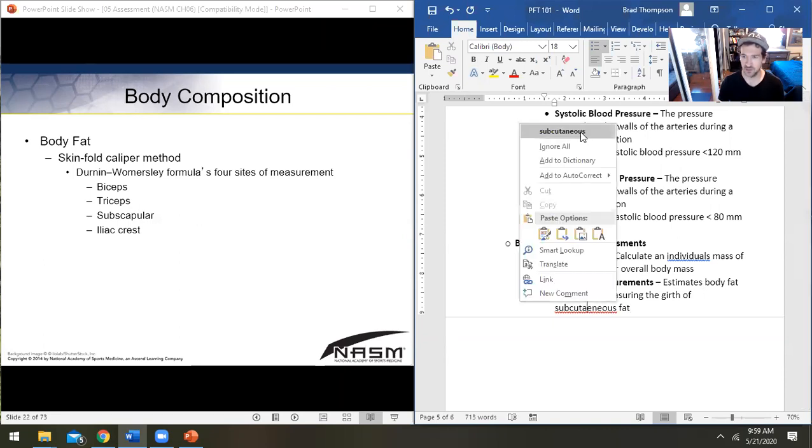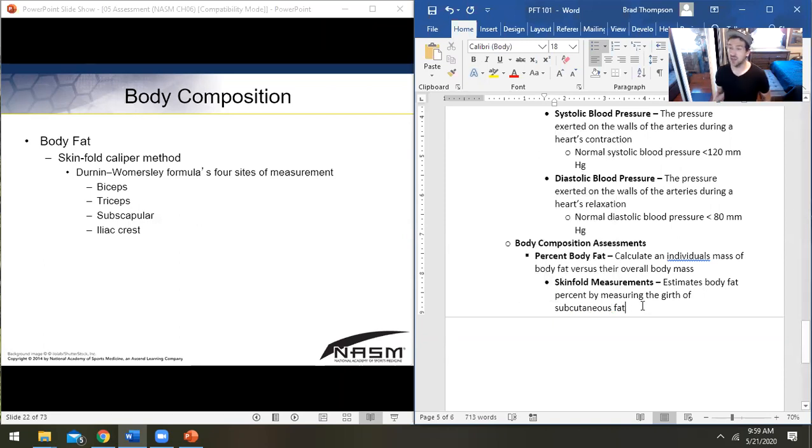Basically, you're looking at the amount of fat under their skin. ASSEMENT is going to recommend using the Durnin-Womersley formula, which is just the greatest name of all time.